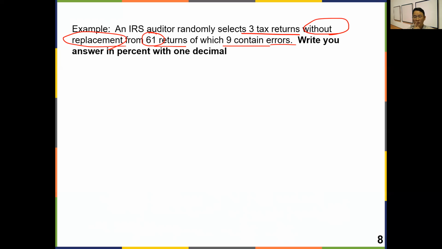Altogether, it's going to be 61. But out of that 61, how many of them have a problem? 9 of them contain mistakes and problems.